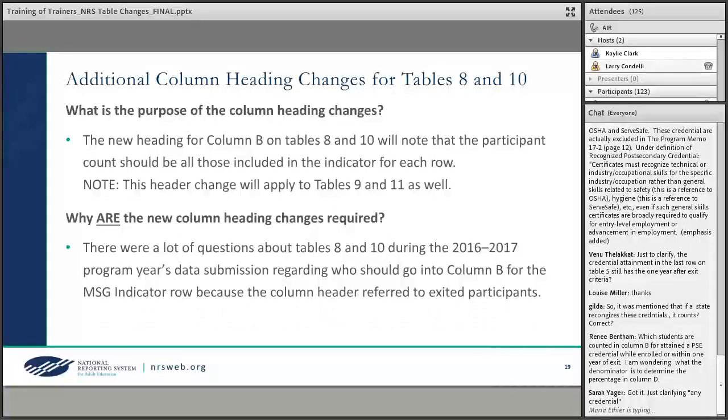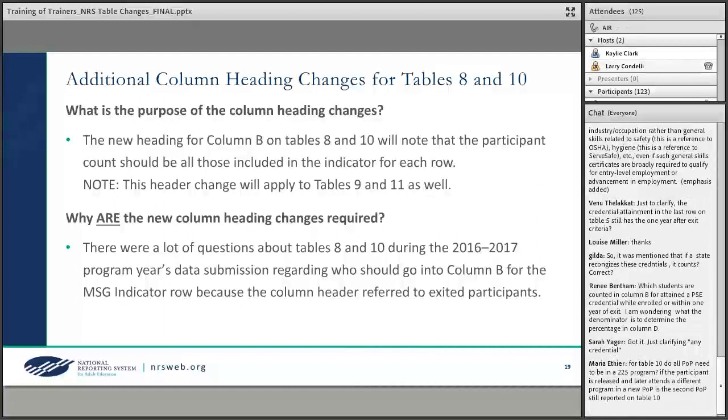It also applies to Tables 9 and 11, which had the same confusion. And again, we made this change because of all the questions we got about the table last year. So that's a simple one. Any questions about that one?